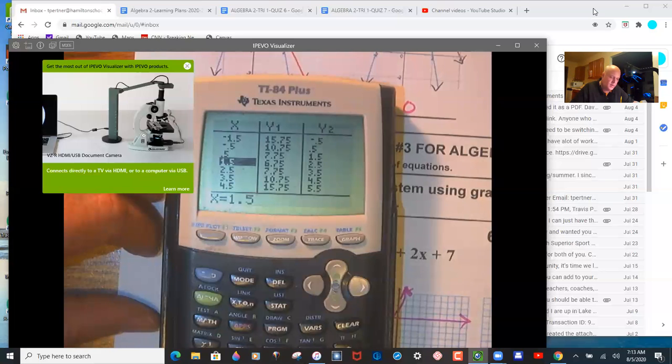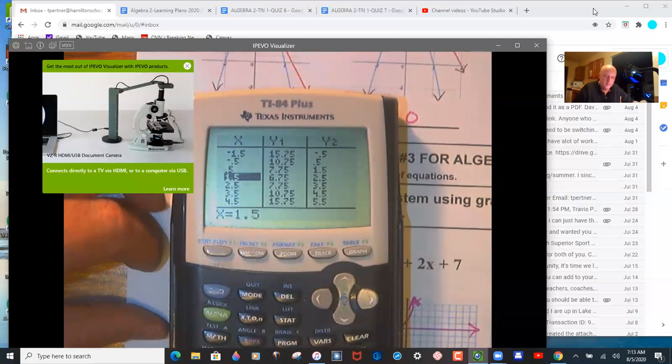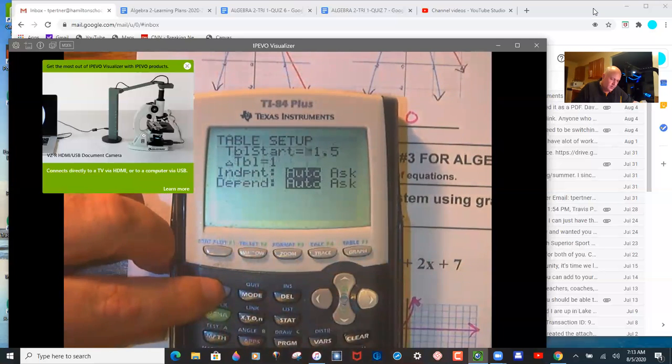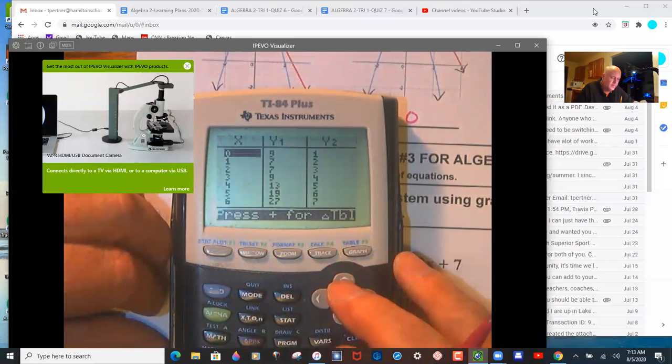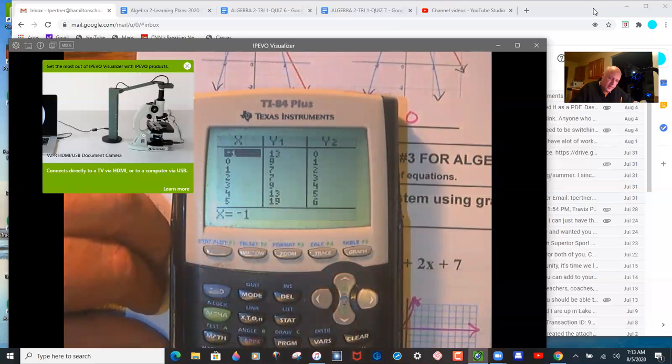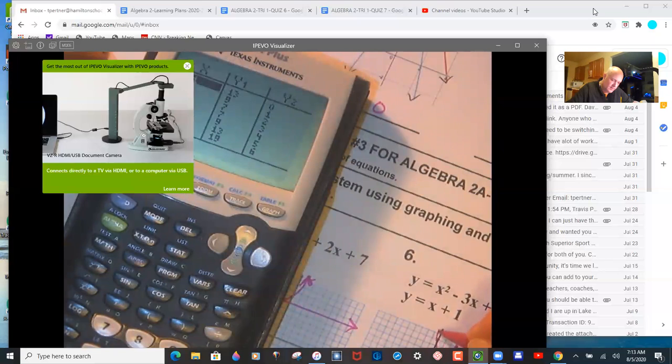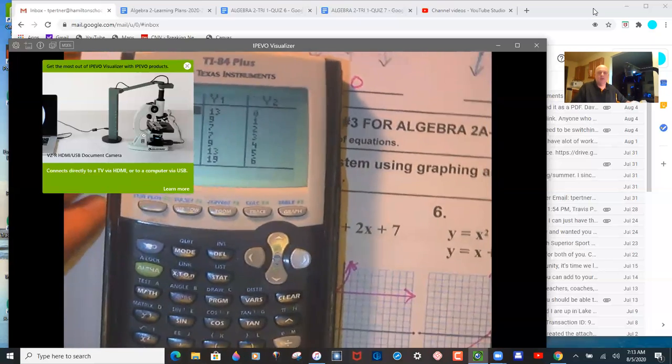Right there, and then just pick a couple other nice points, like (0, 9). And then you can just go 1.5 that way. So sometimes the vertex is not a nice value.